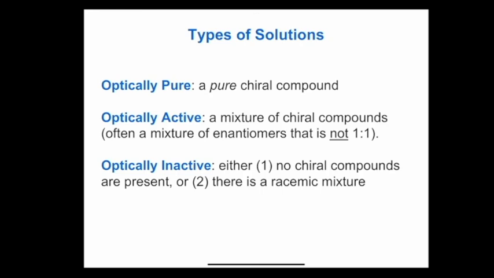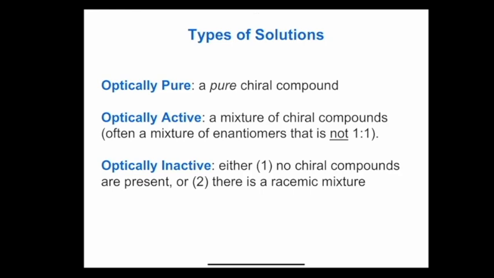Optically active is what we use for any sample that's moving light, it's just less than the perfect value. Optically pure might be plus 90 or minus 90. But an optically active sample, a mix of both, might come out as 30, minus 20, something that is less than the pure value. We know it's still moving light, it's just not enough to call it pure. Optically inactive, if you put light through something, it means one of two things. So you do have to do a little bit more work.